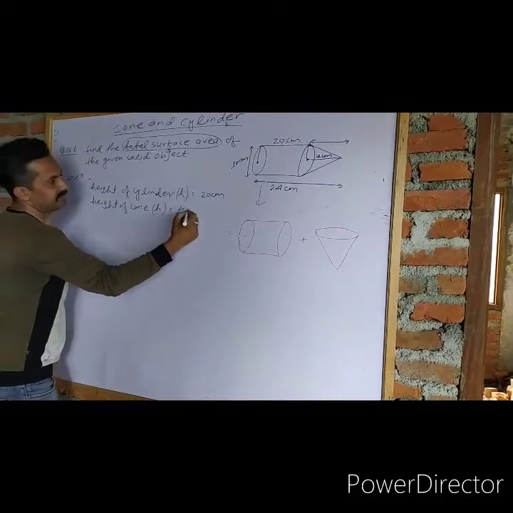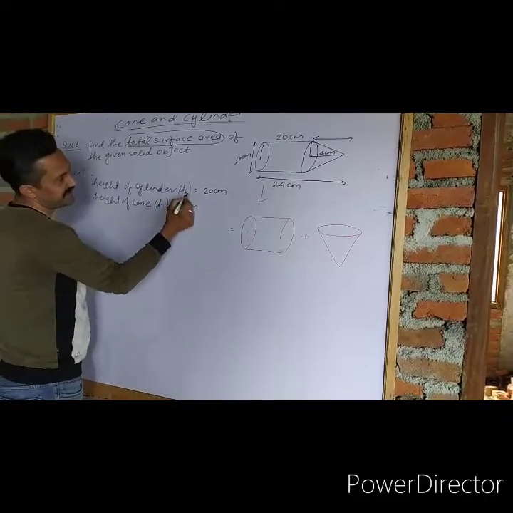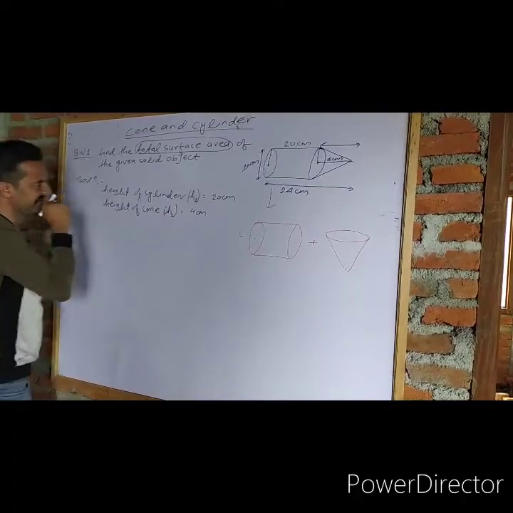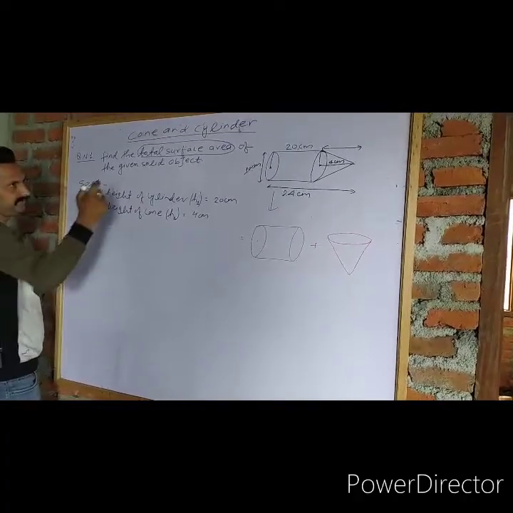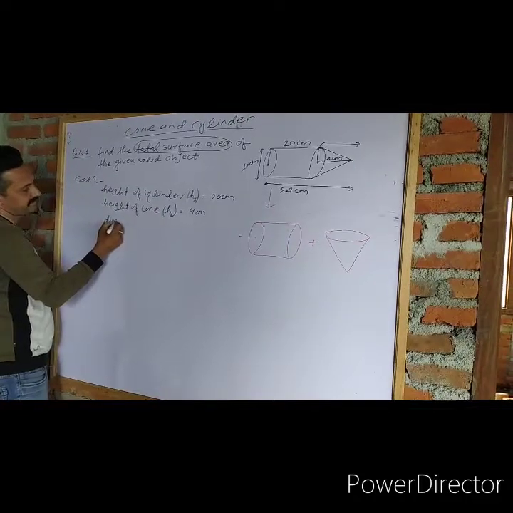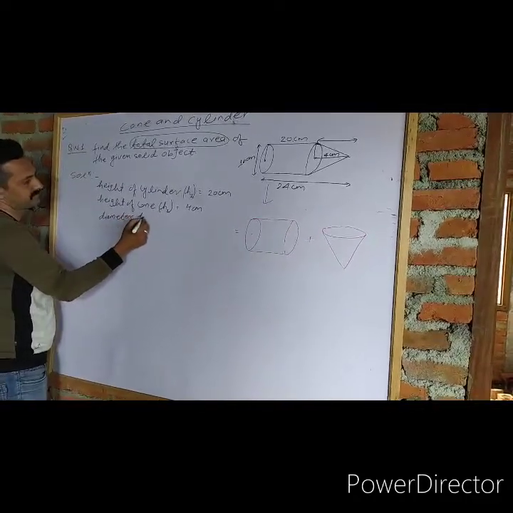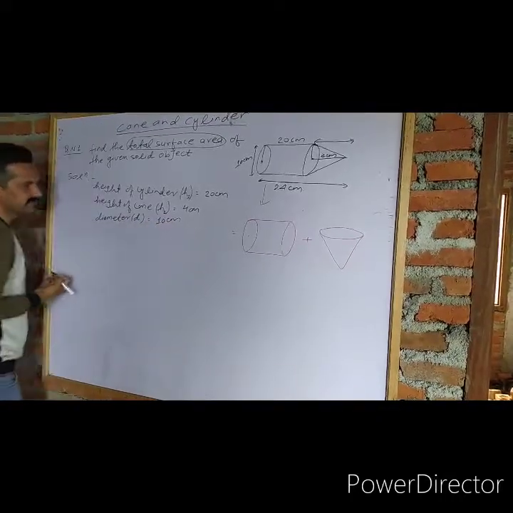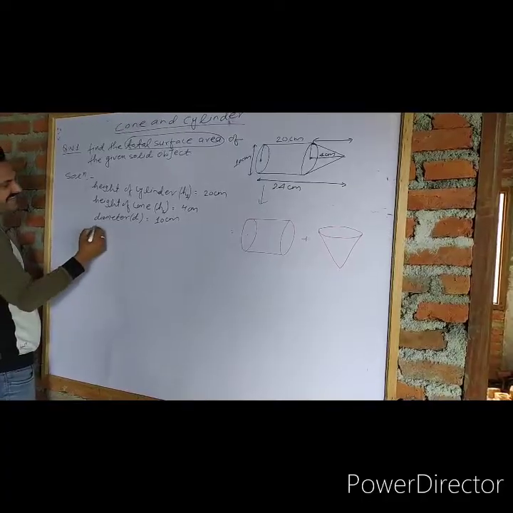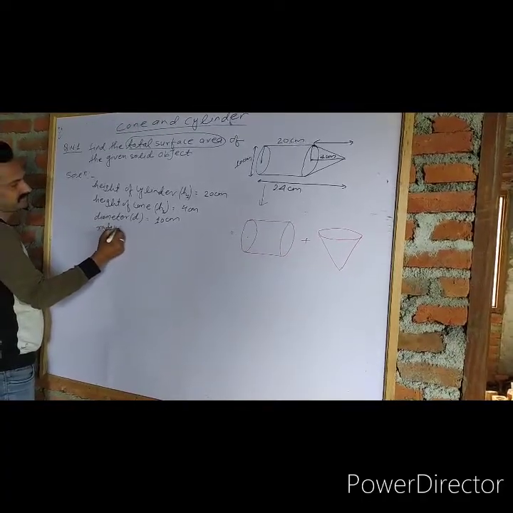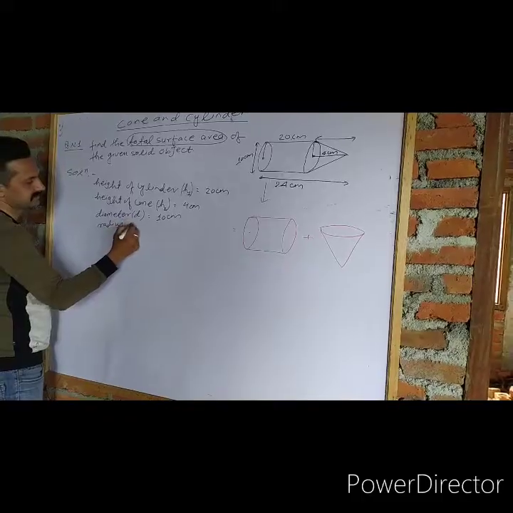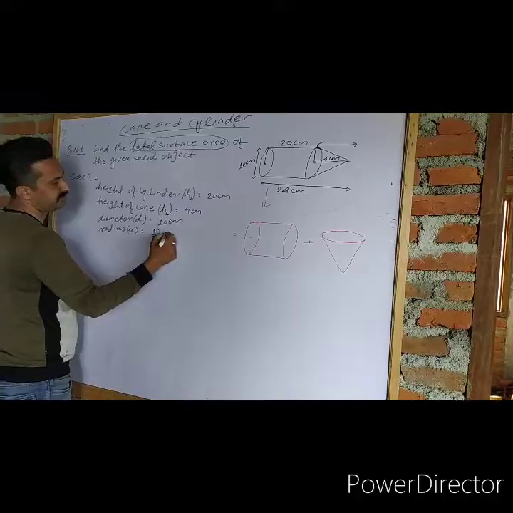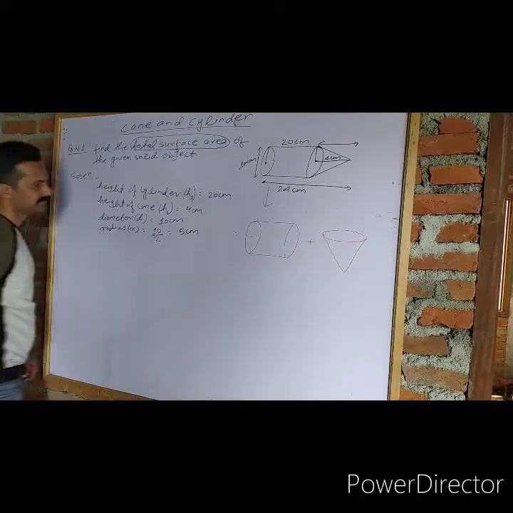That is here 4 centimeter. These two heights, one is h1, other is h2. And in the figure, diameter d equal to 10 centimeter. We need the value of radius, r equal to 10 by 2, 5 centimeter.